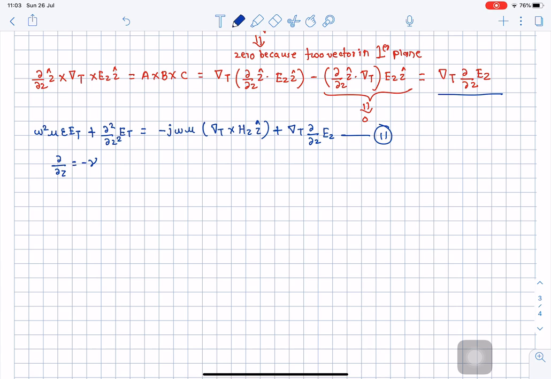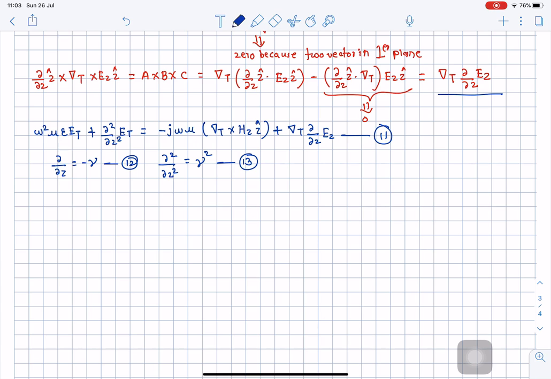Call this equation number 12. When we take the double derivative, dabba square by dabba z square, it will give gamma square. Call this equation number 13.